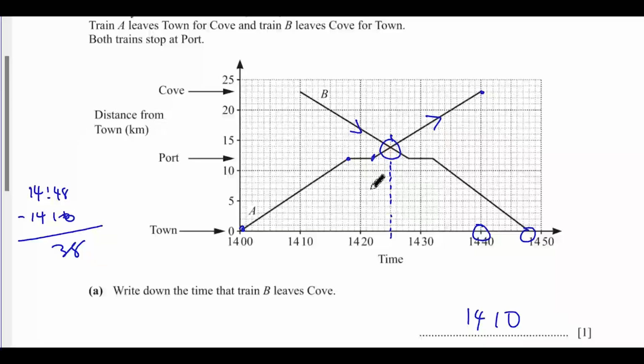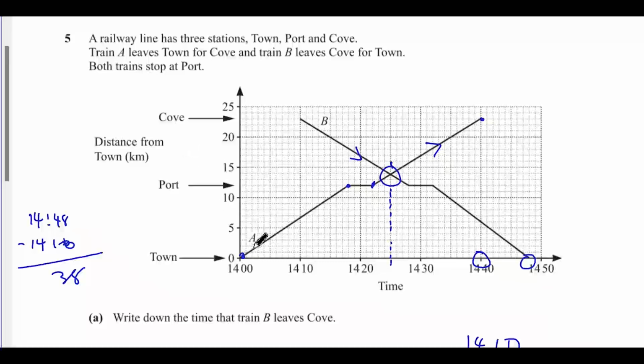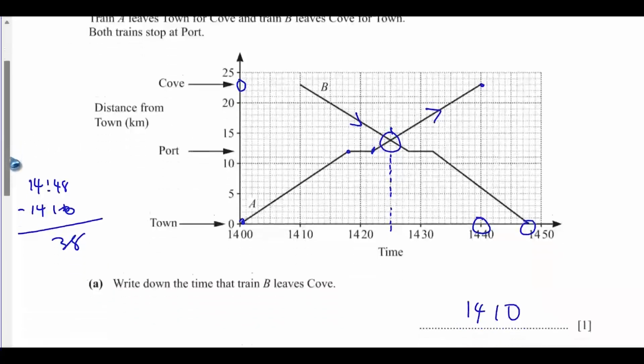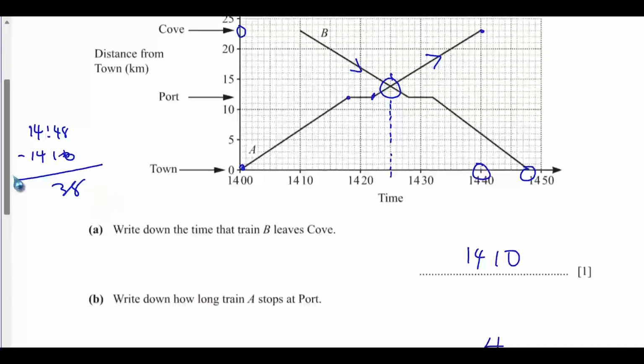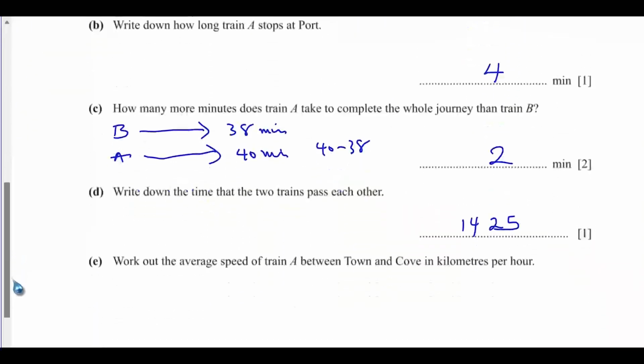So if you look at this now, the distance is from here to the cove here. That is 23 kilometers. And the time is already 40 minutes, but we need to convert it.